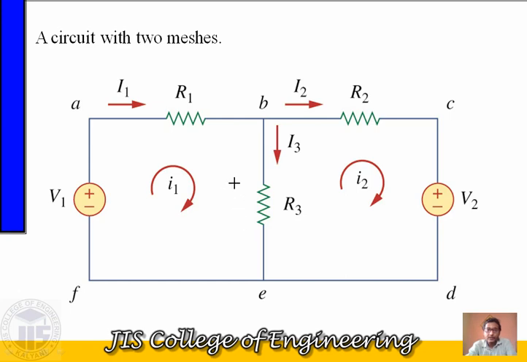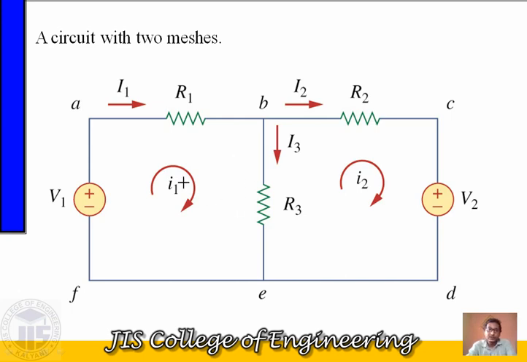That is small I1 minus small I2, because we are moving in the direction of this arrow. Our imagination is that the I1 current is moving in the clockwise direction, and the I2 current is also considered as moving in the clockwise direction. So I2 current moves through this R3 resistance from down to up, and I1 current moves from up to down.